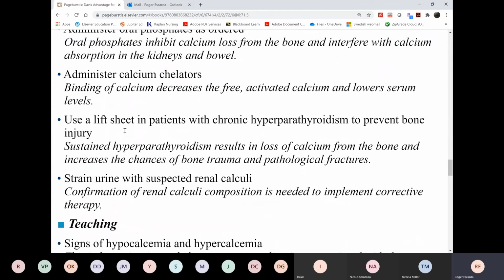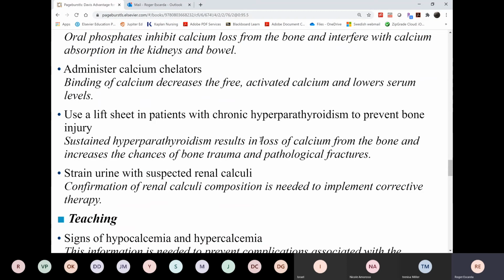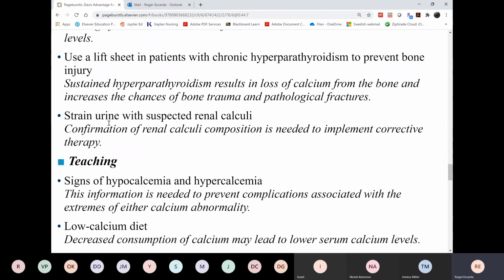This is your safety. So if the weakness is really severe, then of course we can't force them to get out of bed. But when we're moving them, it should be with safety. Use lift sheets because they are prone to trauma. And for renal stones, you strain urine.